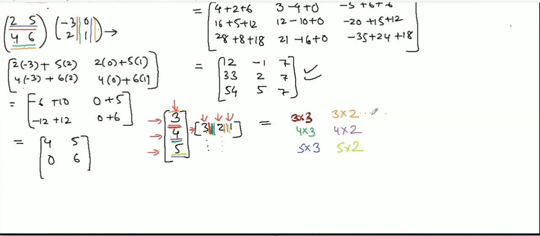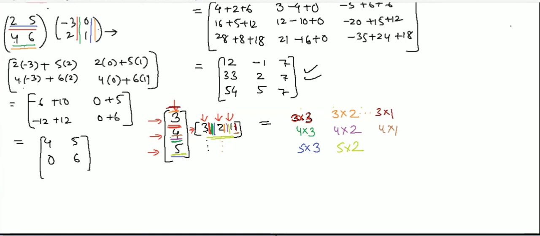Now one more column should be there, because in the second matrix there are 3 columns. So in the resulting matrix we will get 3 columns. Write it down here. First row and last column: 3 by 1. Then second row and last column: 4 multiplied by 1.